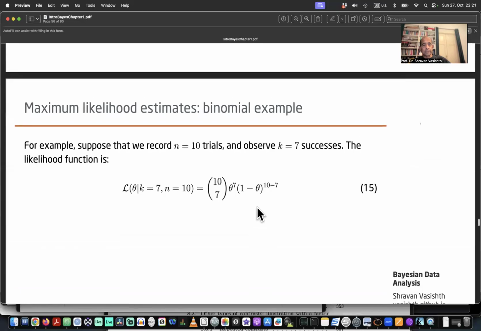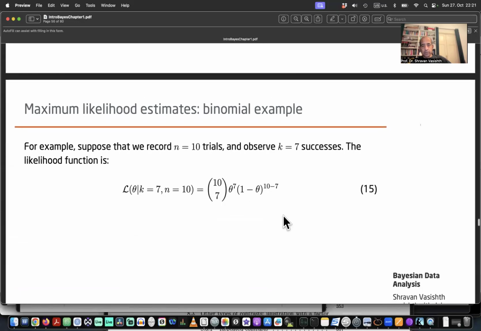What we can now do is plug different values ranging from 0 to 1 into this function, because theta is a probability and can be any real number between 0 and 1. I plug in successively different numerical values for theta ranging from 0 to 1, compute this number, and then plot all the theta values on the x-axis and the resulting likelihoods on the y-axis.